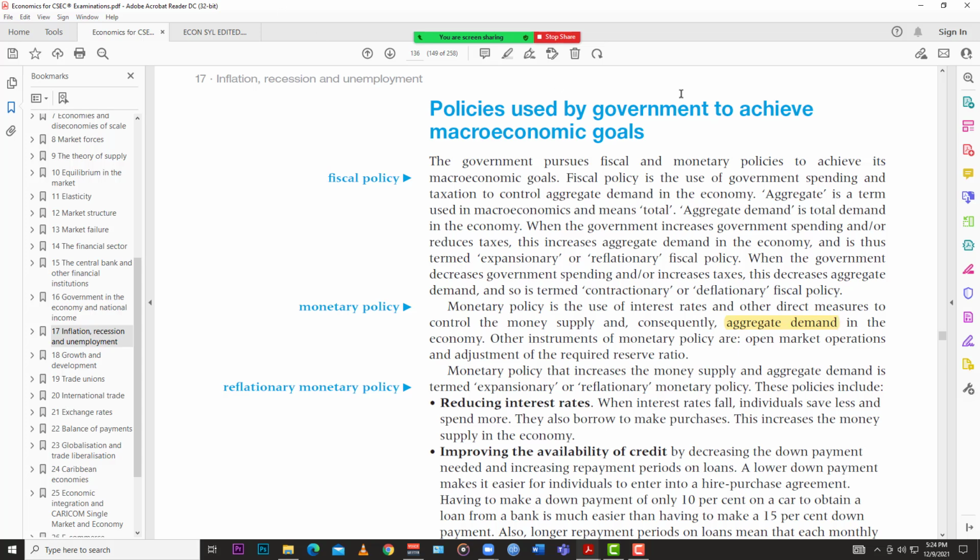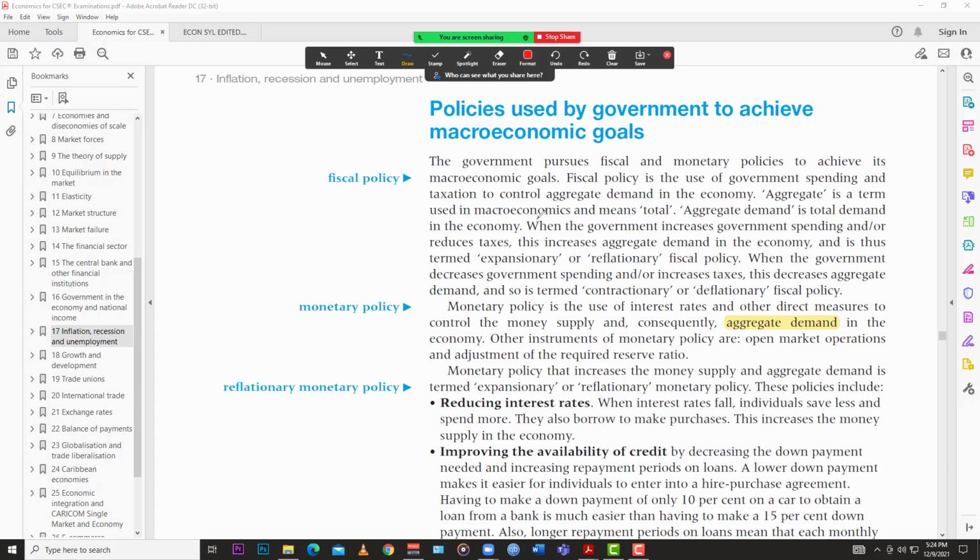The term, if you're following here, the term aggregate is a term used in macroeconomics that means total. So aggregate demand is the total demand in the economy. When the government increases government spending and or reduces taxes, this increases aggregate demand in the economy. And thus the term expansionary or reflationary fiscal policy.